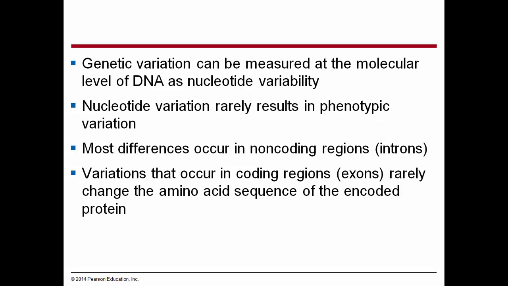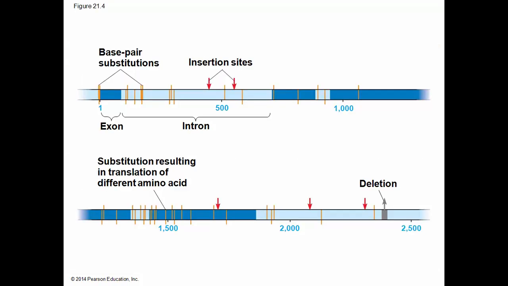Genetic mutations or variations are rare, and where they occur, they often have no effect. So here's a gene. There's the exon portion here off to the left and the intron portion next to it.